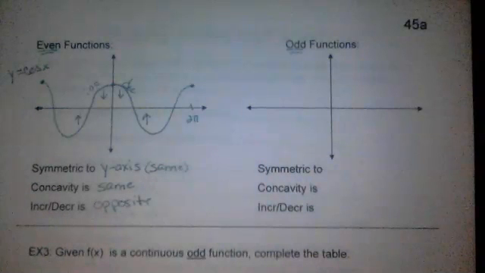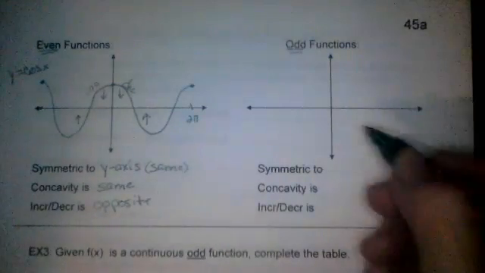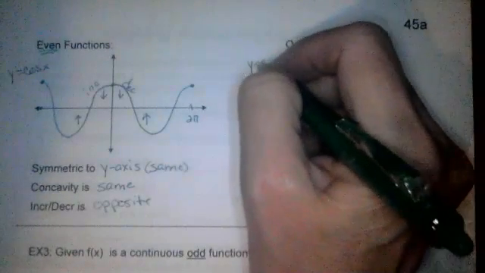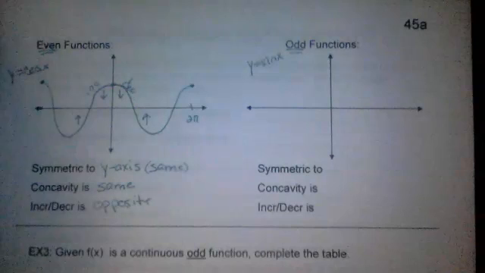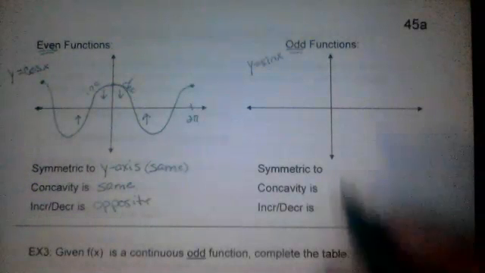Now let's look at an odd function. So I'm going to use the y equals sine x graph to talk about this symmetry. But we could have used any odd function graph.